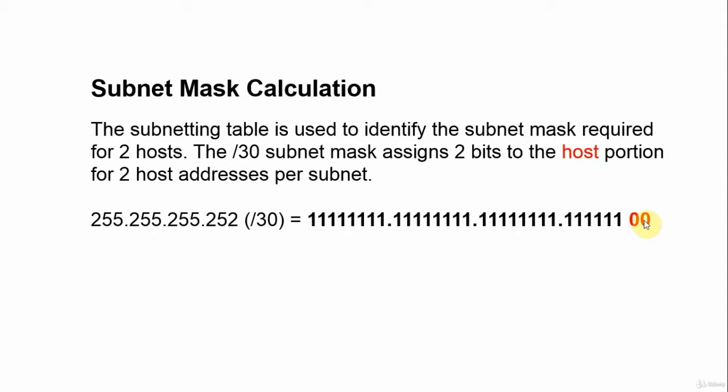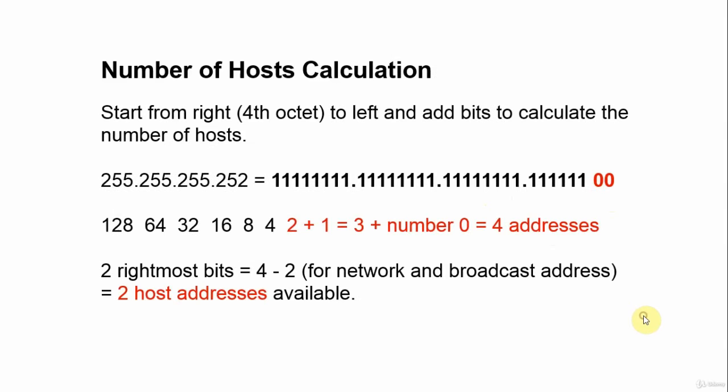So there's the 2 bits that I can use for hosts, and the other 6 bits are for subnets. The host calculation is easy. It's just the first 2 bits, and that gives me 3 plus the number 0 equals 4 addresses. I subtract 2 for the network and broadcast, and that's where I only get 2 host addresses that I can assign.